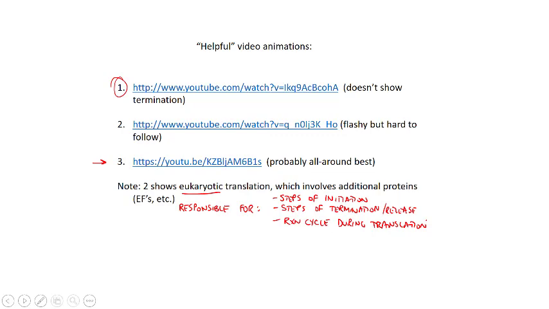And then I'm usually fond of hypothetical questions where you have to predict the effect of some sort of defect in one step. And that goes for replication and transcription as well. There are some homework questions related to that.